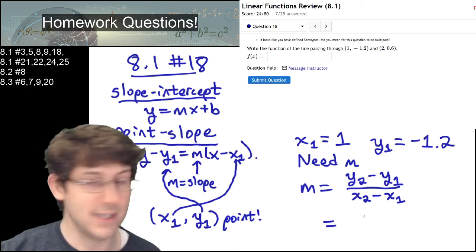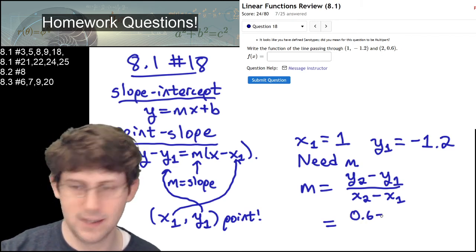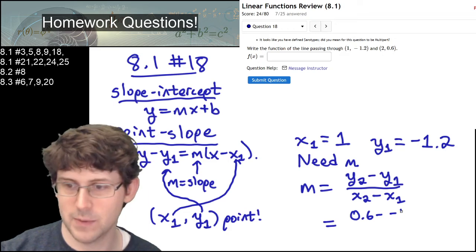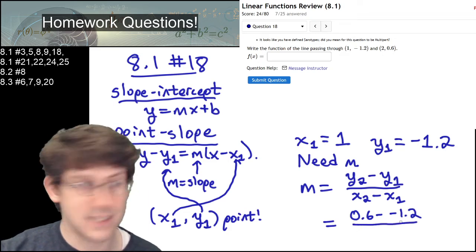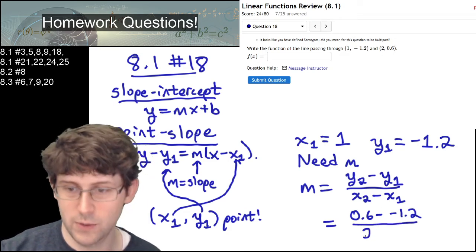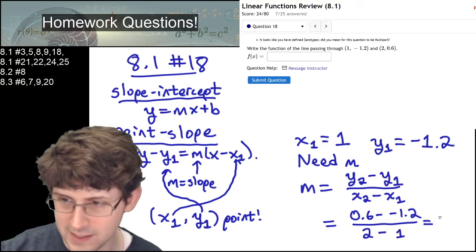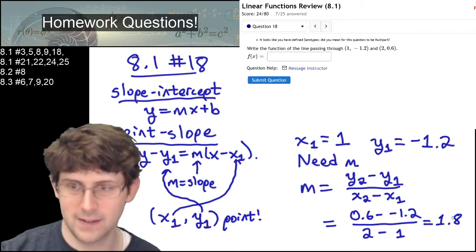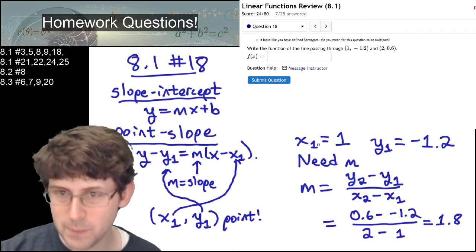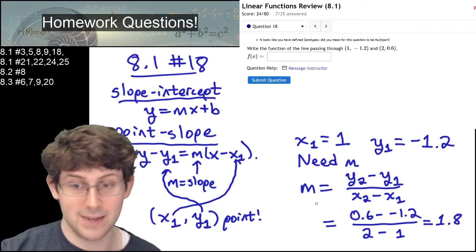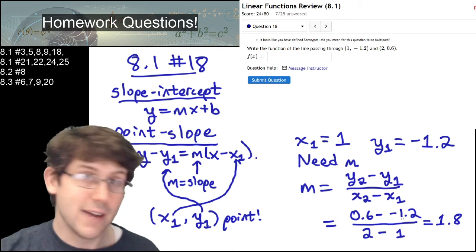The second y is 0.6 for my question. The first y is minus 1.2. The second x is 2, and the first x is 1. In total, this fraction comes out to 1.8.